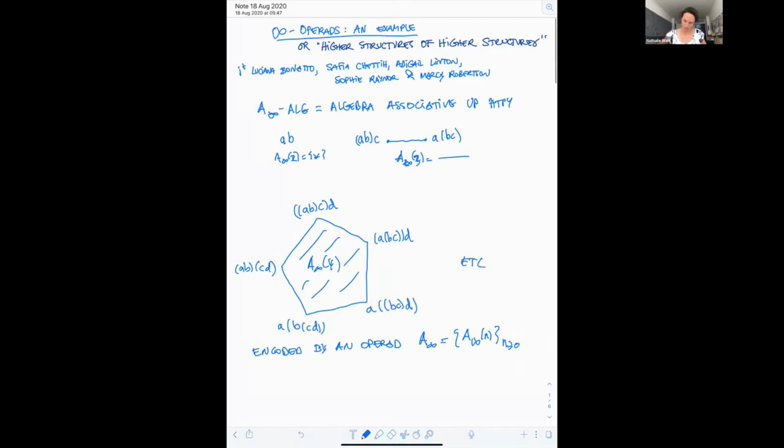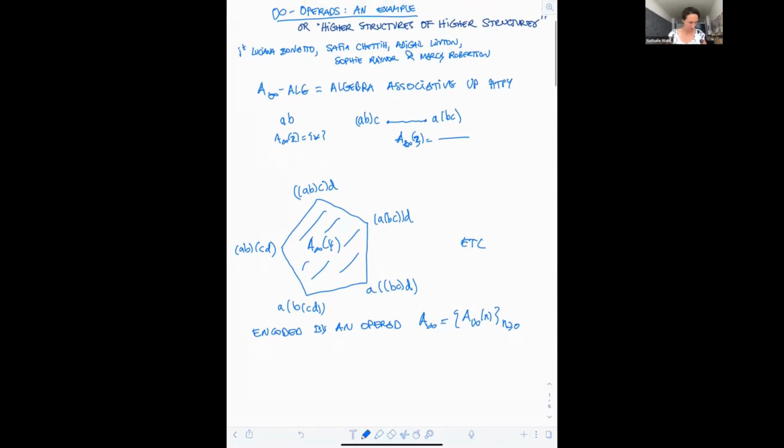Good. And so maybe let's say this formally. An operad O is such a collection in general. Again, in spaces, I have a collection of spaces, and they come with actions of the symmetric group in general.